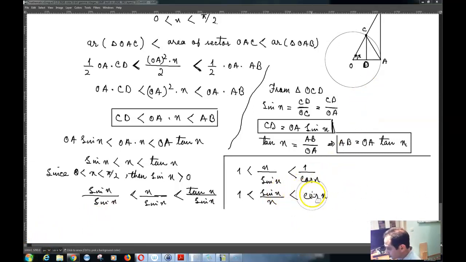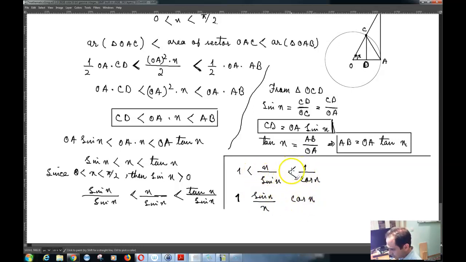As I said, it's very tricky to work with inequalities because it's something that you usually don't work with. When you take the reciprocal, the reciprocal of 1 is 1, the reciprocal of x by sine x becomes sine x by x, and the reciprocal of 1 by cos x becomes cos x.